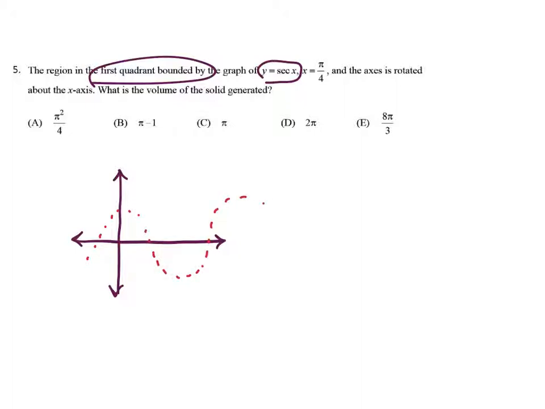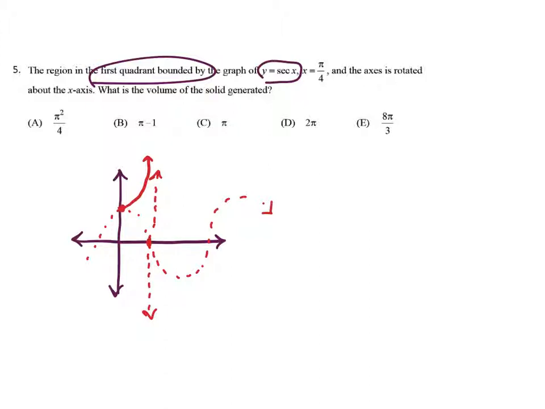Cosine starts at 1. Now, secant's the reciprocal of this, so that tells me where this 0 is. We have an asymptote because the reciprocal of 0 is an asymptote. And so whenever we do secant and we're just staying in that first quadrant, we're really taking that parabola and flipping it over.